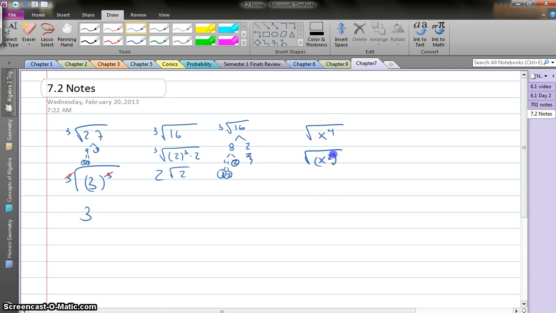Well, x squared squared. There's a 2 out here, so these are your matching pieces, and the x squared comes out. If we had the cubed root of x to the third, how would I write x to the third power? Well, it already is, so x comes out. So that's the groundwork, the basis for our thinking.